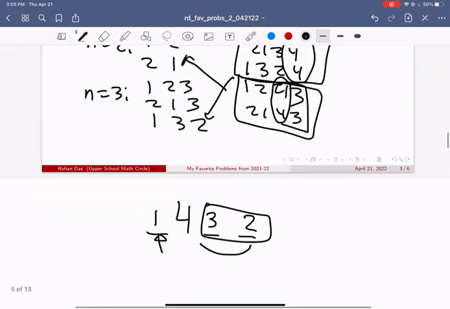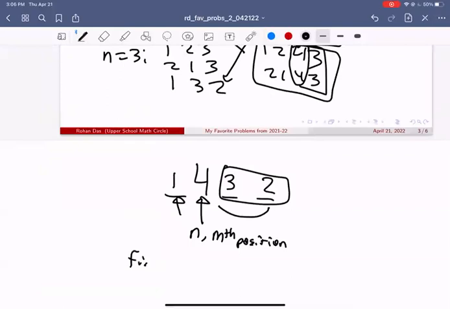And in fact, let's say n is the largest number, and it goes in the mth position. Then out of the first m numbers, at least one must be to the right of n.